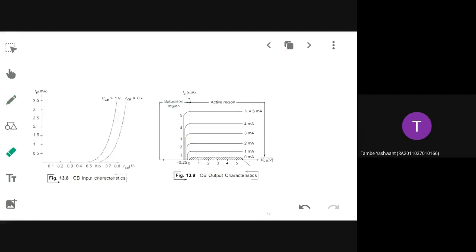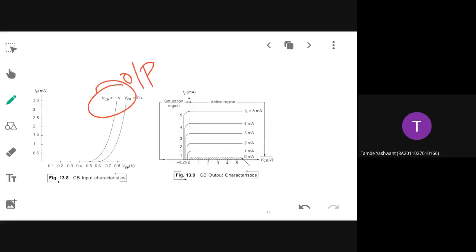So this is all about what characteristics? Input. This is your output side parameter. What output side parameter are you keeping constant? VCB.